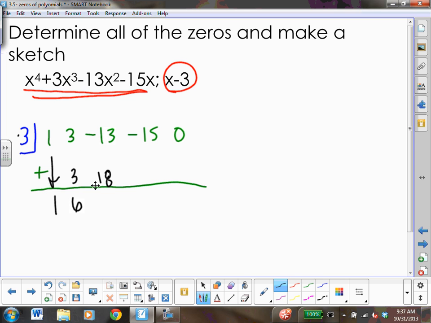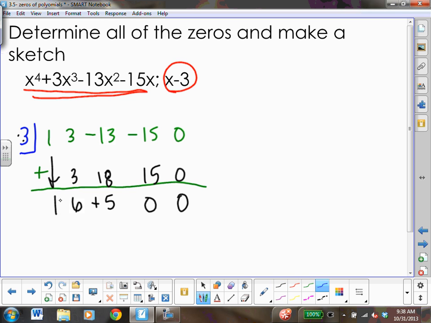Negative 18 plus negative 13 is positive 5. 3 times 5 is 15. I get 0. 0 times 3 is 0. And 0.